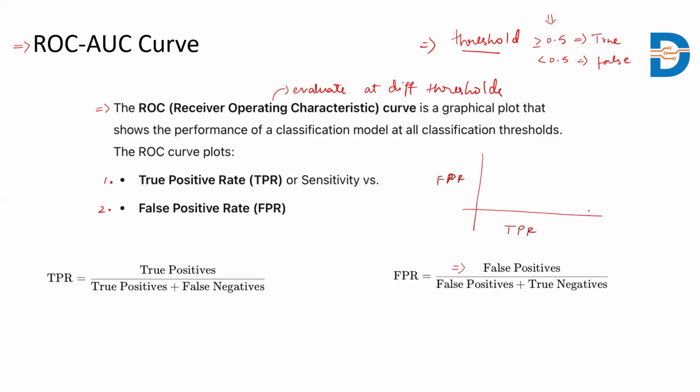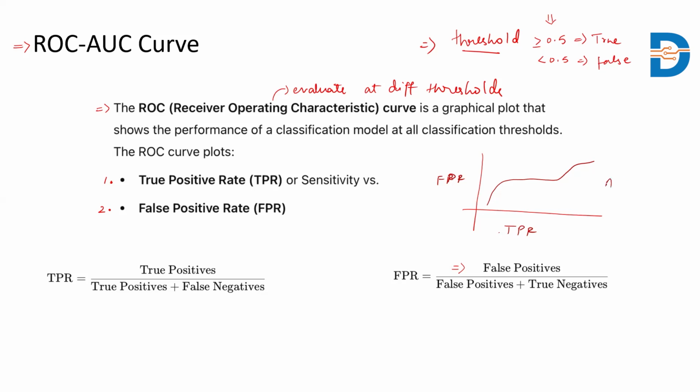It is going to give a curve something like this. That is what your ROC will give for you. ROC evaluates the model by plotting a curve using true positive and false positive rates. There is where ROC's work ends.